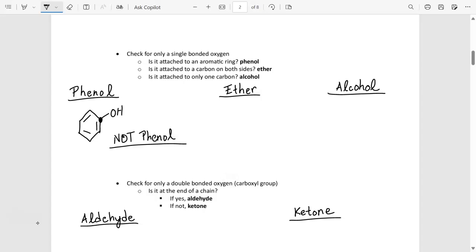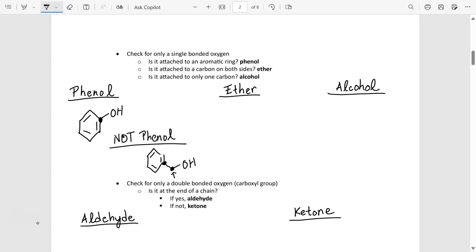Okay, now something that's not a phenyl that we saw earlier is if we have that aromatic ring and then off of it we have a carbon and then the OH. So notice how that alcohol group, or that OH group, is not directly attached to the aromatic ring. It is attached to a carbon that is then attached to the aromatic ring. Okay, so that is not considered a phenyl.